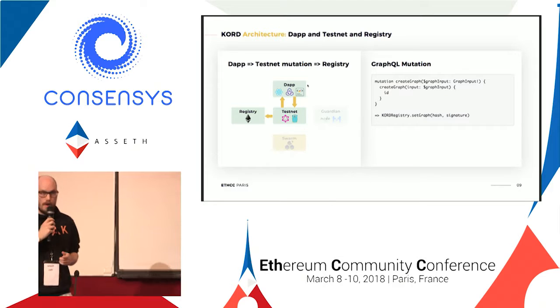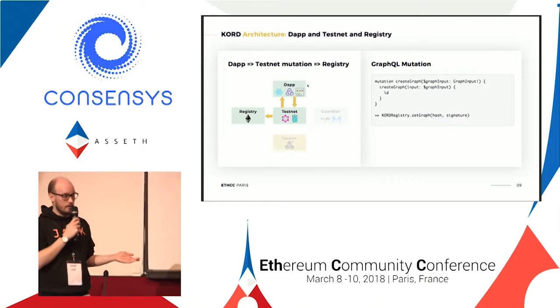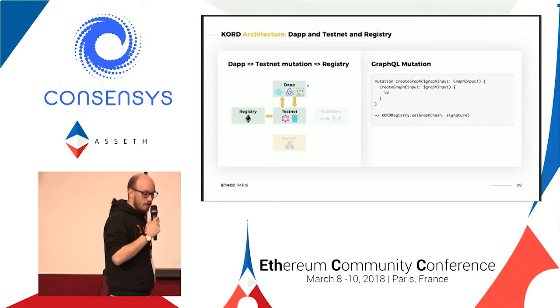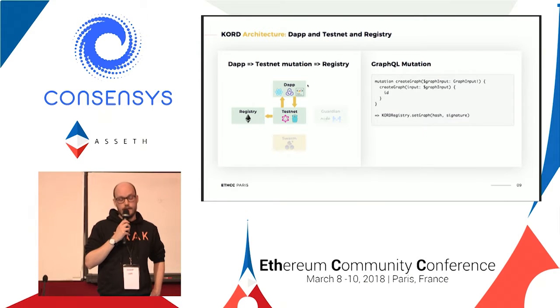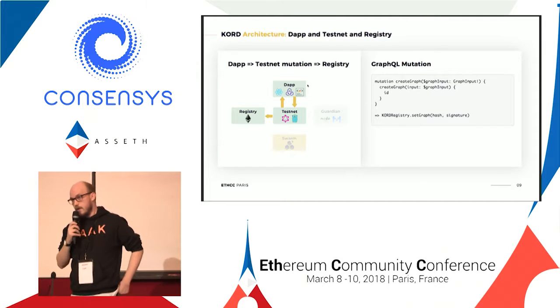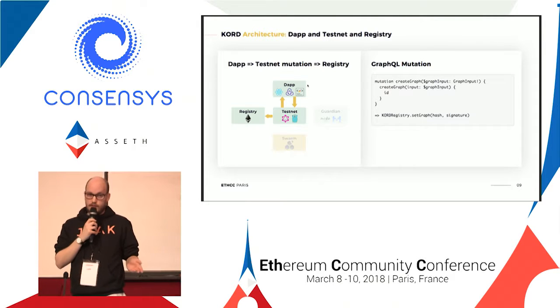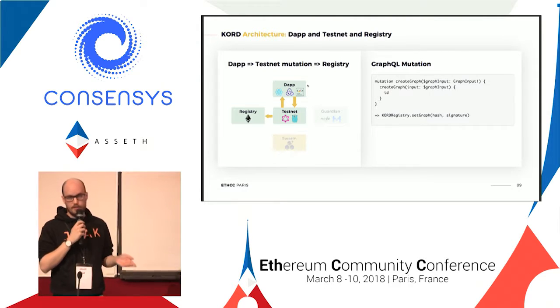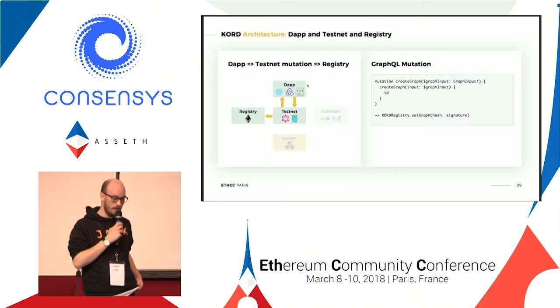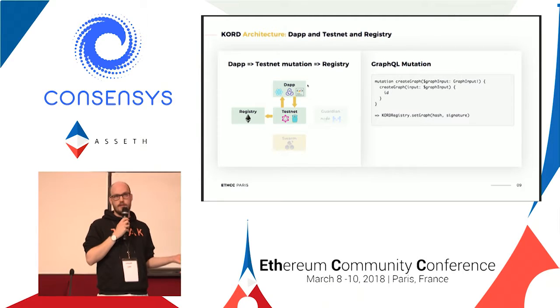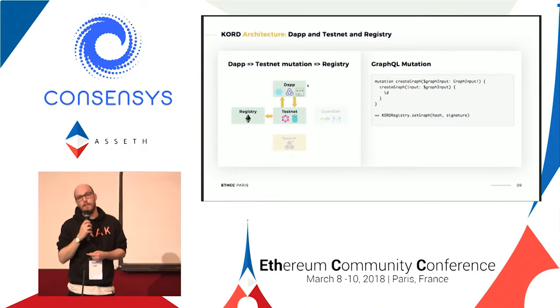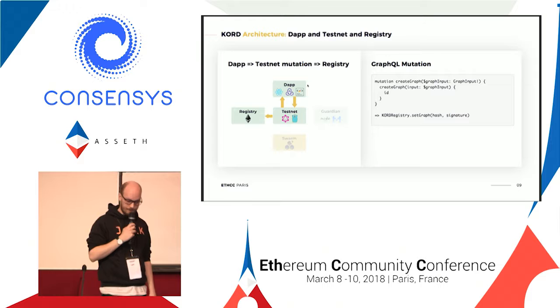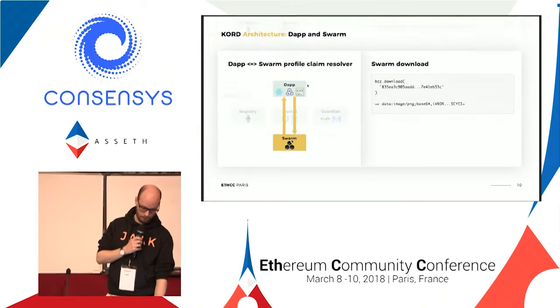The node verifies the signature that's come along with that transaction, and if all is okay, then the Chord ID is sent to the Chord registry, which is a smart contract running on Ethereum, which essentially just maps public addresses to the graph hash.